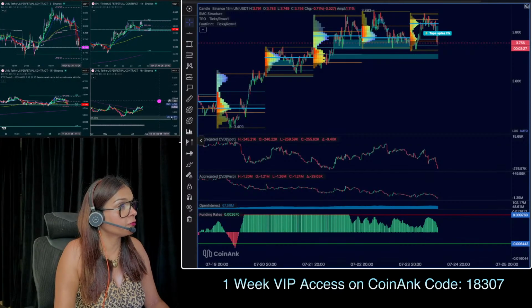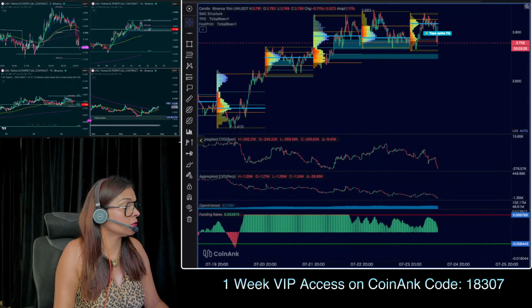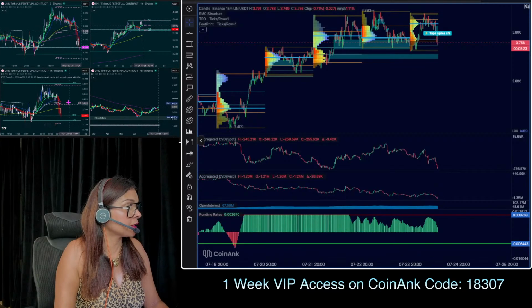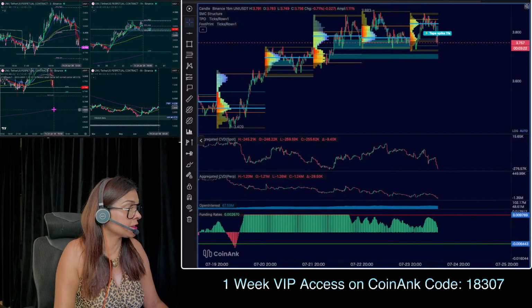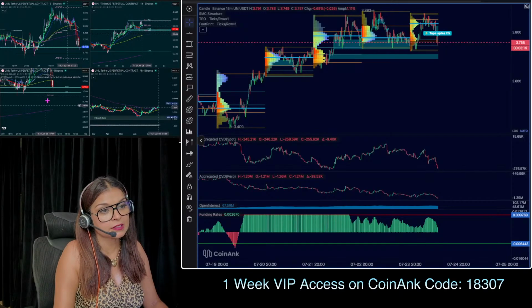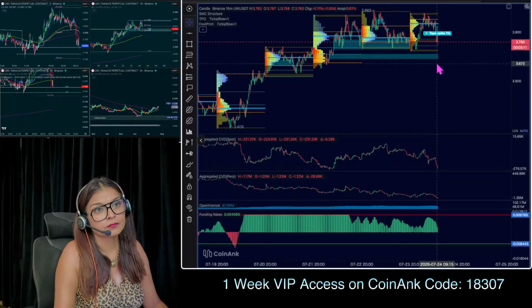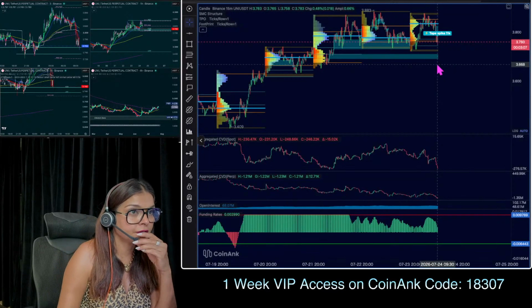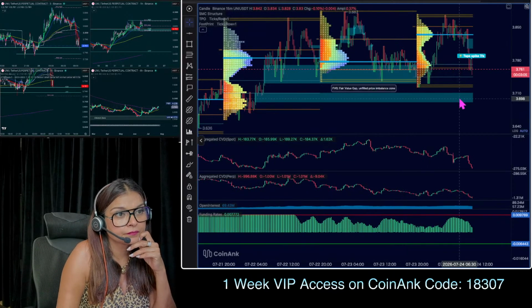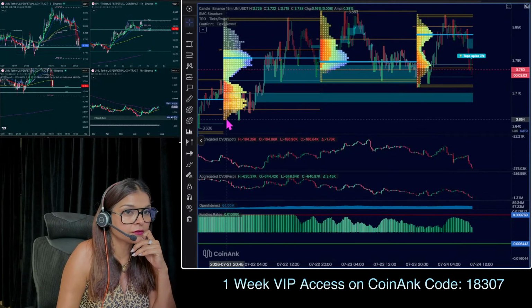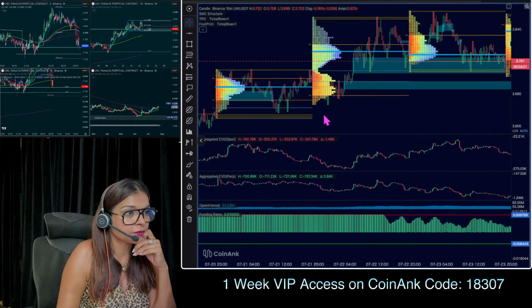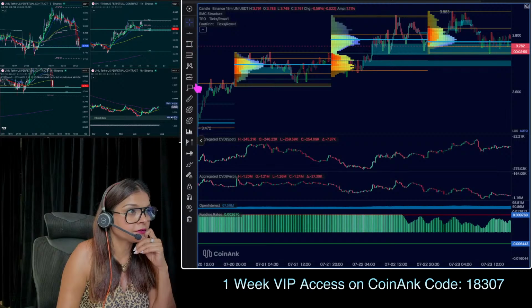So I'm waiting for a long. What I would expect here is that price would come and retest this area. So 366.9 area is what I'm expecting. So this area right over here. Oh, there's an unfinished auction here, so I would expect price to take this out.